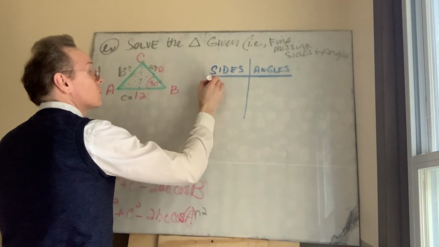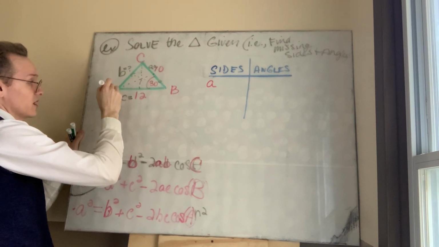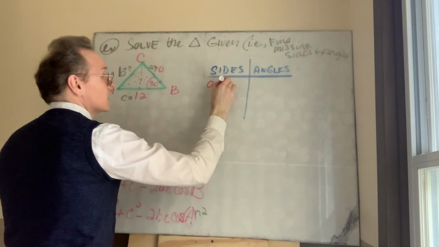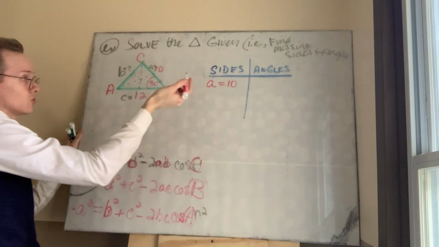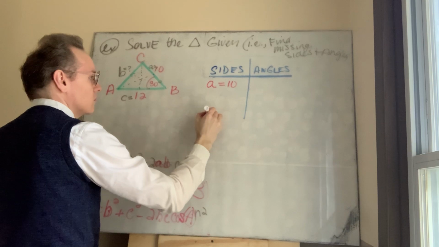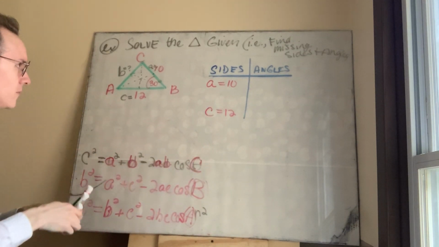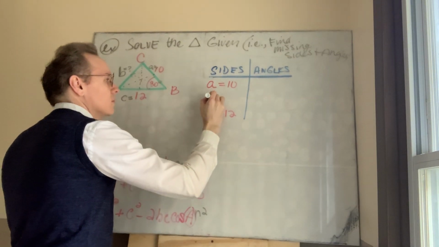We technically know side A because of this relationship. It is across from what would be vertex or angle A. So I'm going to call A is equal to 10. I'll put red things we know. C apparently we also know, and that's 12. B we do not, so I'll put that in black.